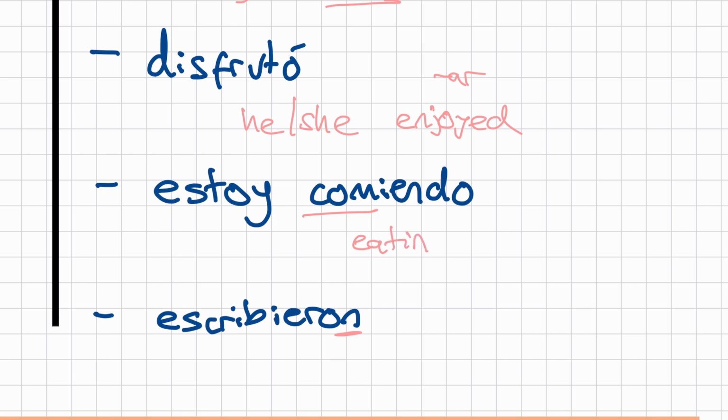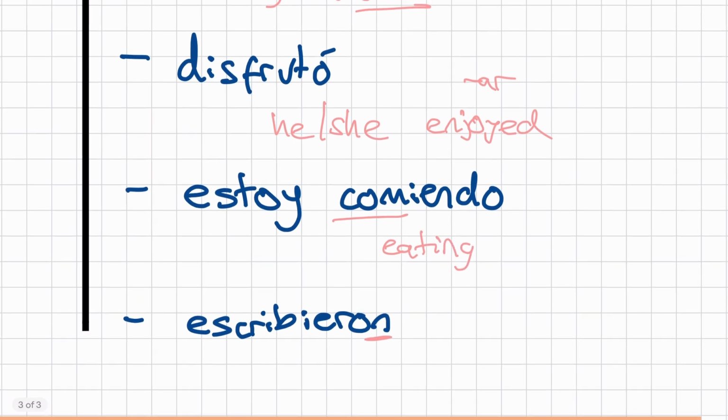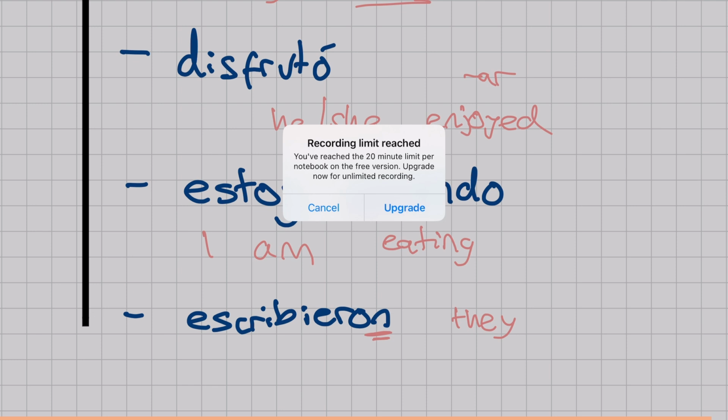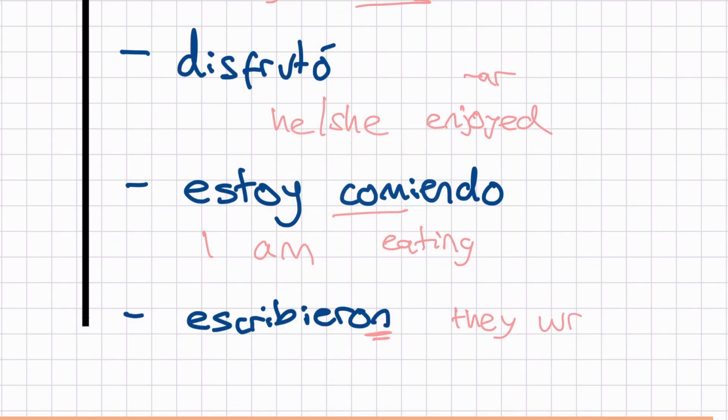So ing, eating, and this is the present continuous tense. There's two words. So estoy is I am. So I am eating. And last but not least, escribieron is they, because it ends in N. They what? They wrote. Escribir is to write. So they wrote.